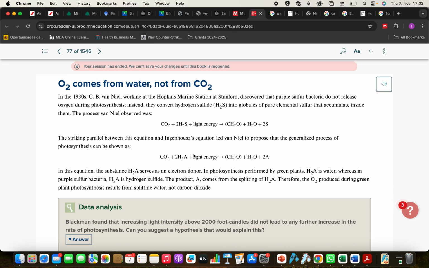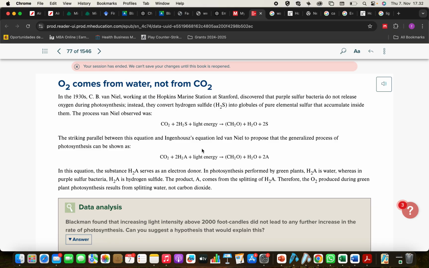And then he proposed the following equation for photosynthesis, where you need carbon dioxide and a compound, an H2A, where A is an electron donor, and light energy that gives you glucose and water and then the 2A. So this is the electron donor. This is being broken and the hydrogens are donating the electrons.